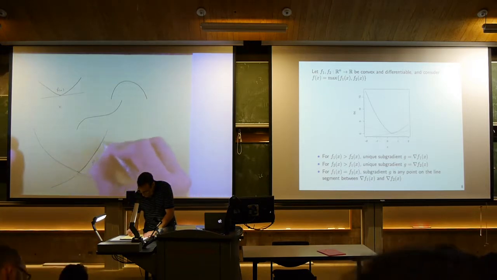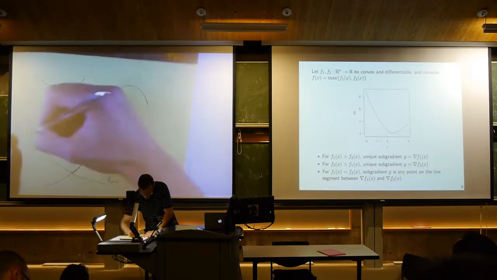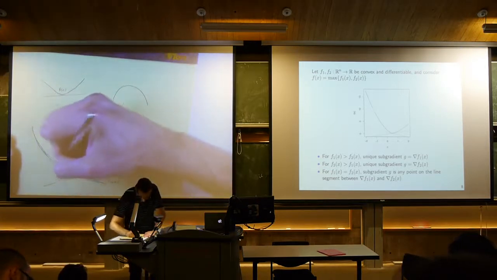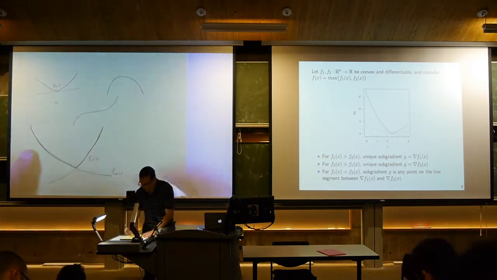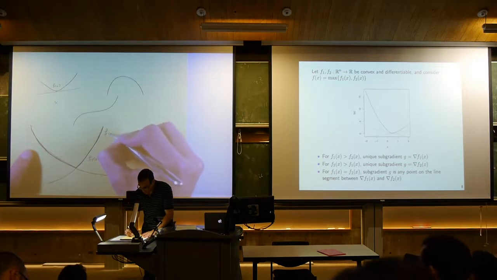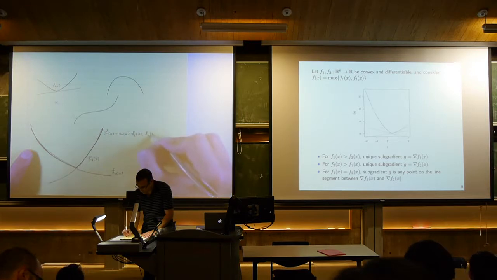And their max is given by this darker function. It's their pointwise max. And now I'm asking you for subgradients of this darker function, which is f, the max of f1 of x and f2 of x.